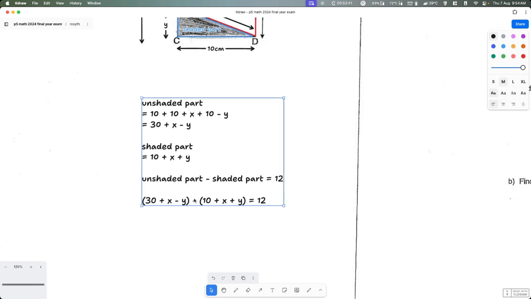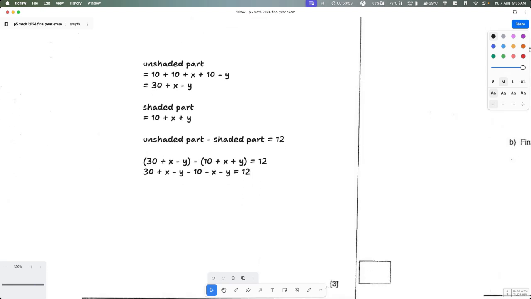So anything negative here, we need to convert the plus into minus as well. Okay, so 30 plus x minus y, okay, minus 10, minus x minus y is equal to 12. Okay, so what I'm going to do is group them.